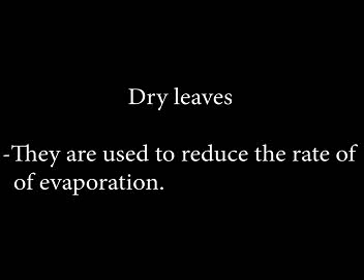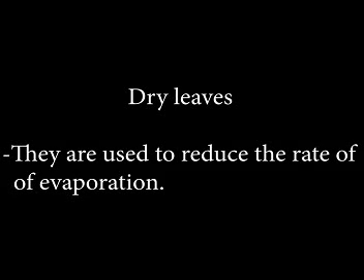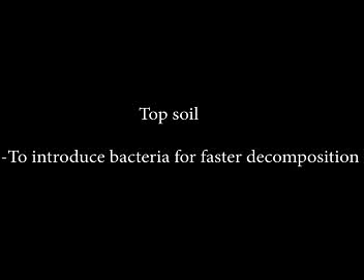Let us start with why we have to use dry leaves when preparing compost manure. Dry leaves are used to reduce the rate of evaporation because we cover them at the top. Also, we have topsoil. The work of the topsoil is to introduce bacteria for faster decomposition.